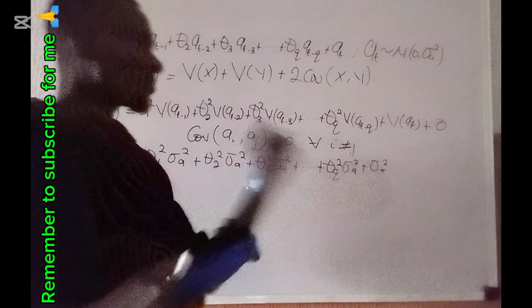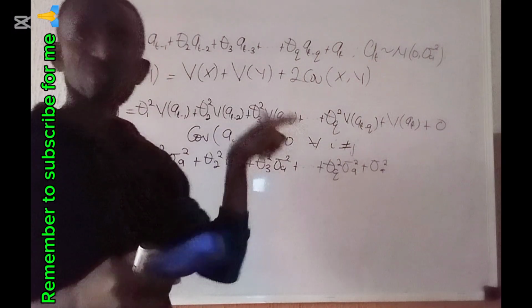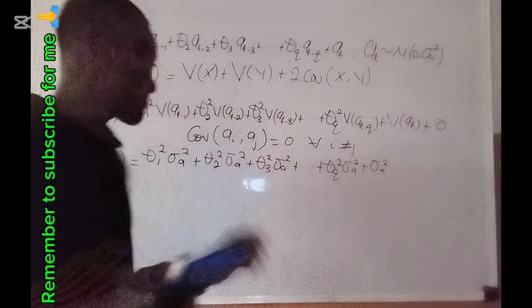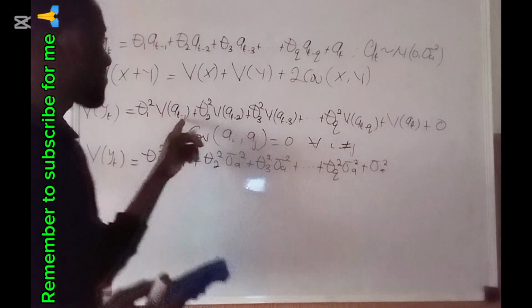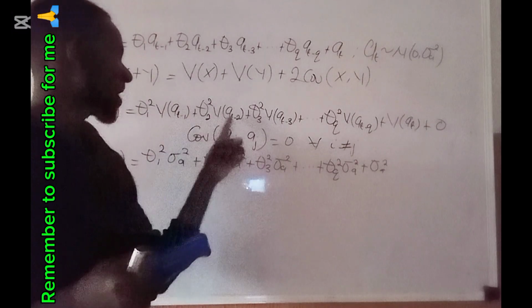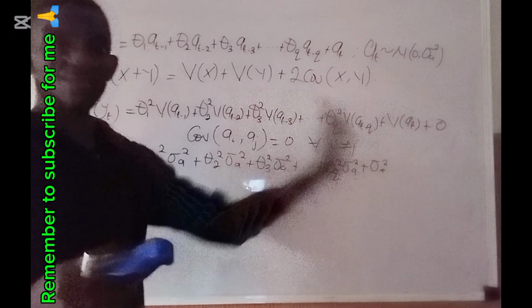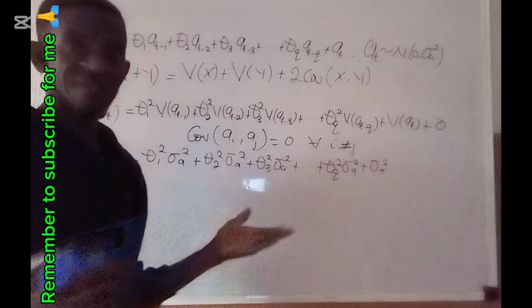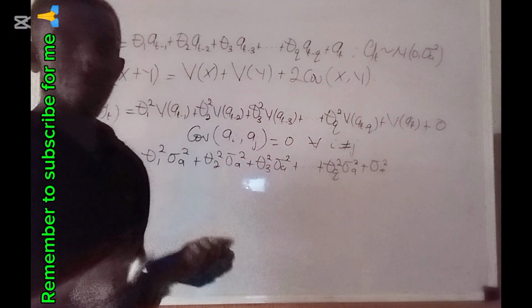This is true because we are told that the error term follows a normal distribution with mean 0 and constant variance, sigma squared. So the variance of the error term at t minus 1 is sigma squared, at t minus 2 it is sigma squared, at t minus 3 it is sigma squared, down the line. So the variances are constant over time because of the stationarity condition of the model.